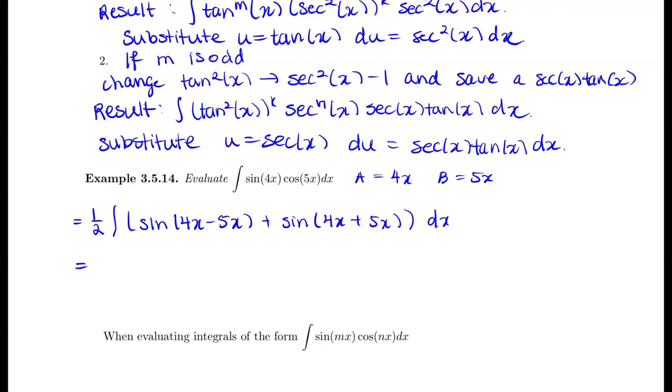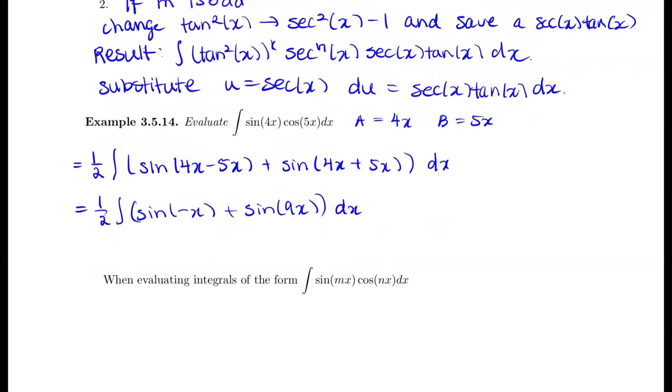And so that means we have half of the integral of sine of negative x plus sine of 9x dx.